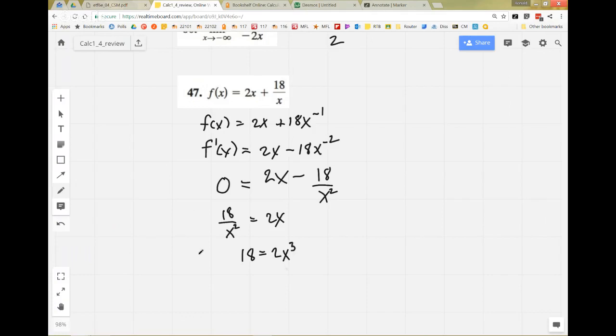We can divide both sides by 2. And then we could take the cube root. So it looks like that's a critical point where we've got either a high or a low.